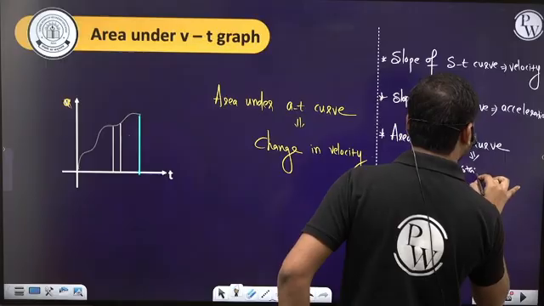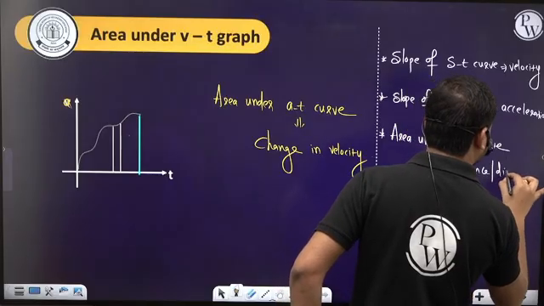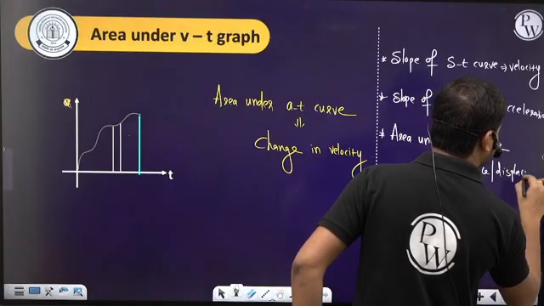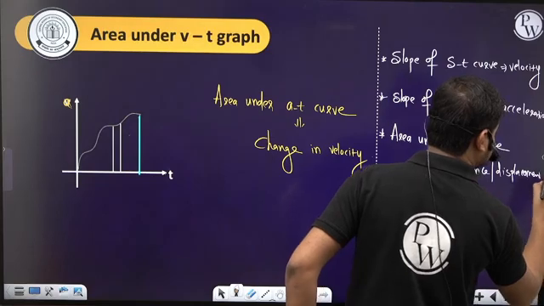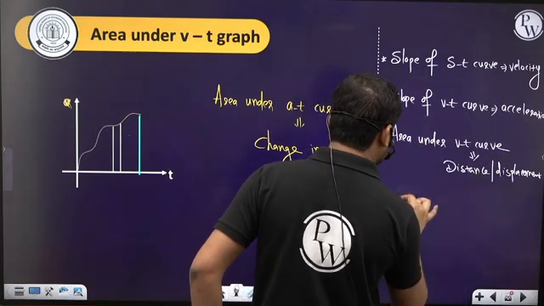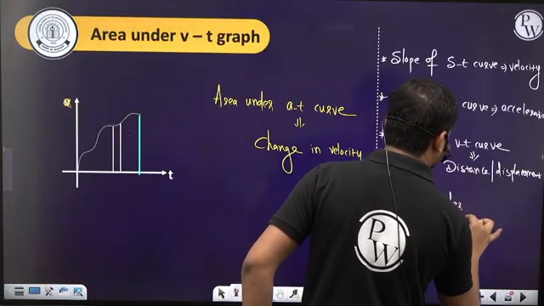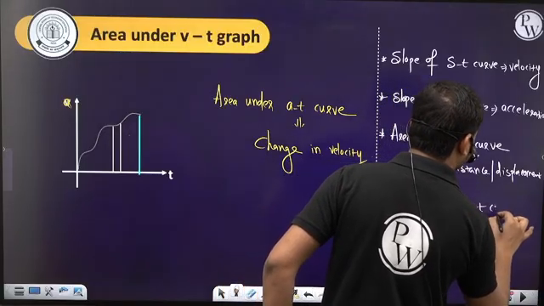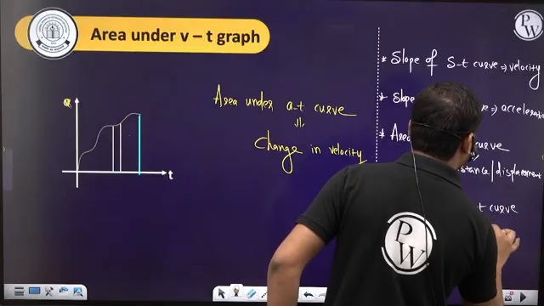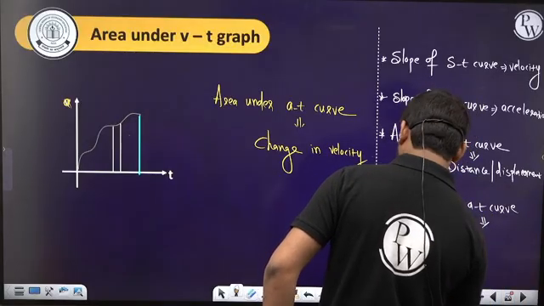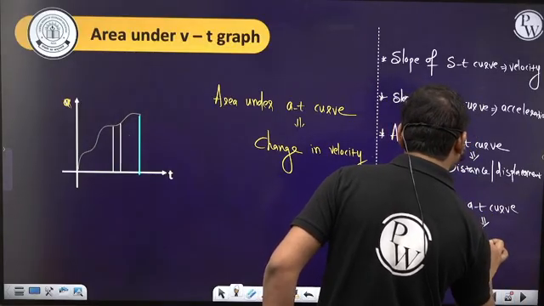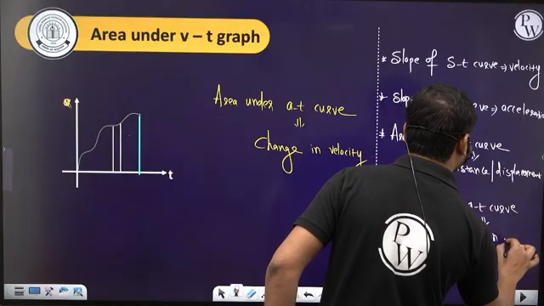We have already seen this, or else I'll write the equations again. And then the area under the AT curve is equal to the change in velocity, better. Yes or no?